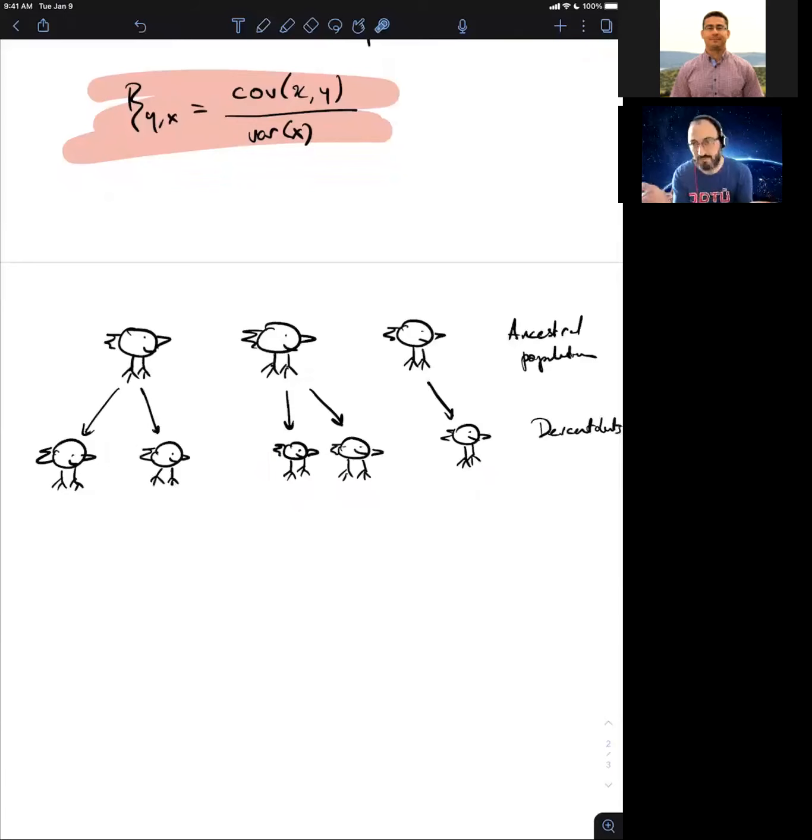Obviously, if these were actual birds, you would have to actually have two ancestors, right? Because birds are sexually reproducing diploid organisms. So each bird has a mother and a father. But we're going to ignore that detail for the moment.